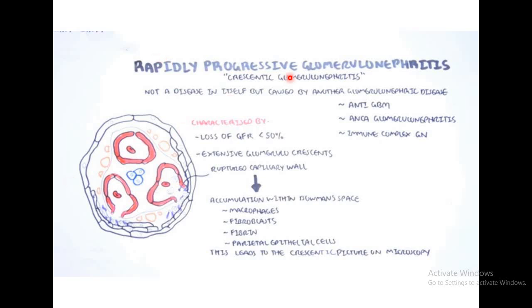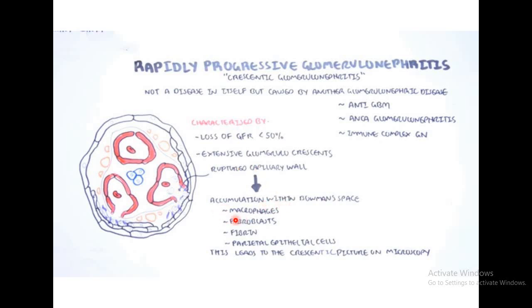So rapidly progressive glomerulonephritis is also called crescentic glomerulonephritis. It is not a disease in itself, but it can be caused by other glomerular diseases like anti-GBM, ANCA glomerulonephritis, and immune complex glomerulonephritis. The characteristic feature of RPGN is loss of glomerular filtration rate of more than or at least 50% within a few days to 3 months, and there are extensive glomerular crescents, that is, the Bowman space is filled with inflammatory cells.